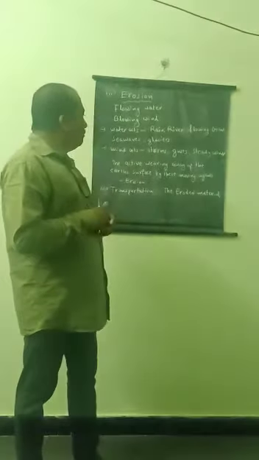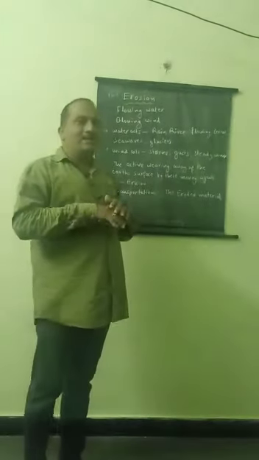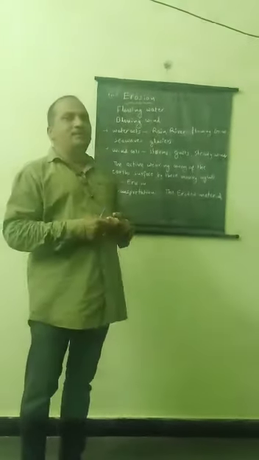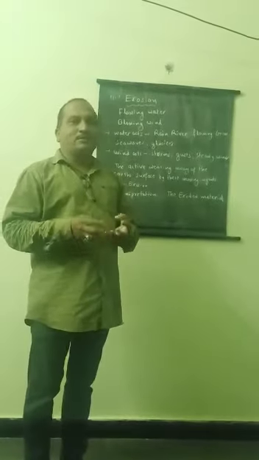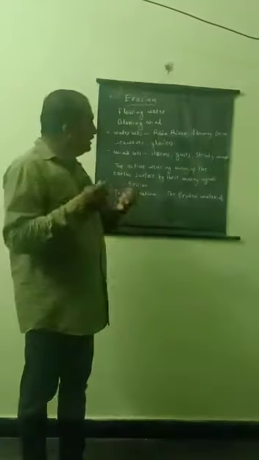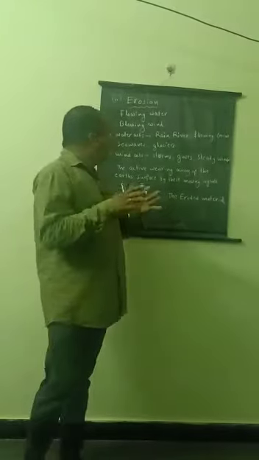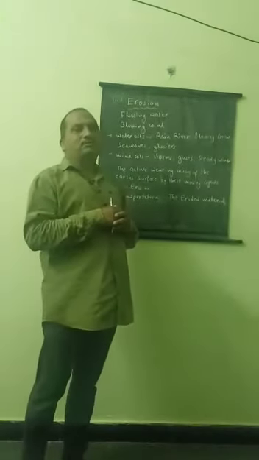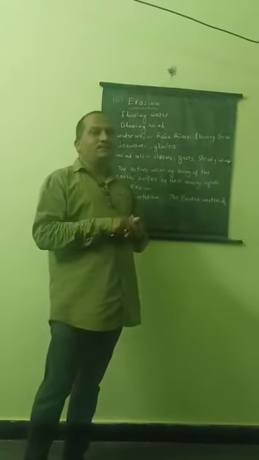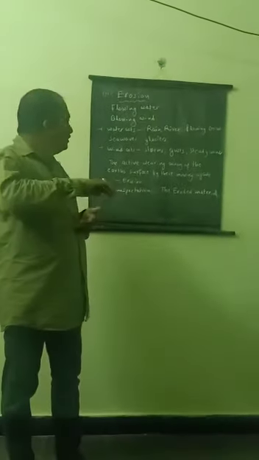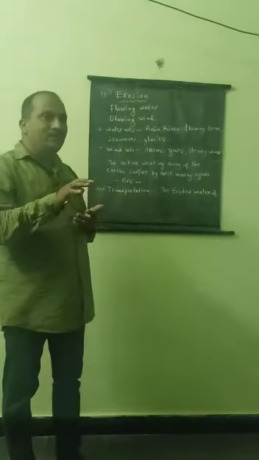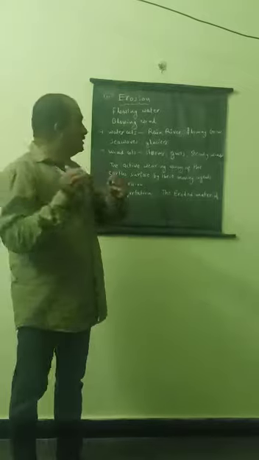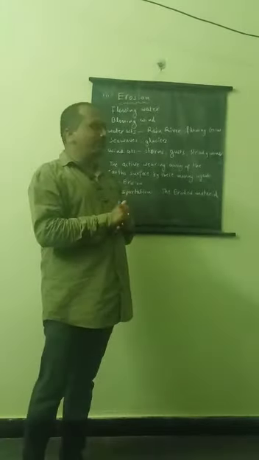Water acts in many forms like rain water, river water, stream water, glaciers, flowing groundwater, and sea waves. Likewise, these are the different kinds of water processes in erosion.